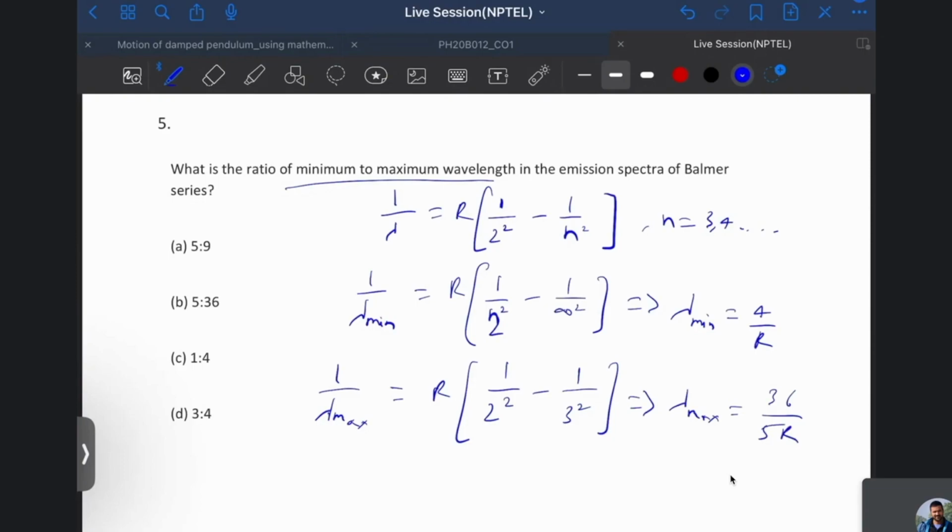So then you can take the ratio of lambda min to lambda max, which you will get as 5 by 9. Okay, so option A is correct.